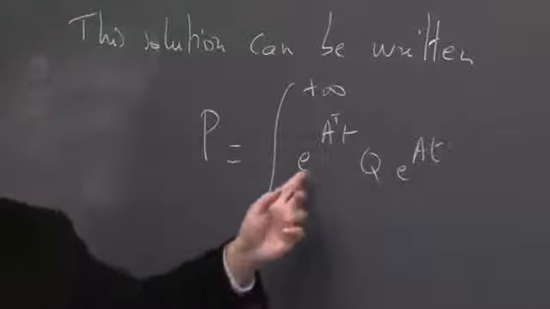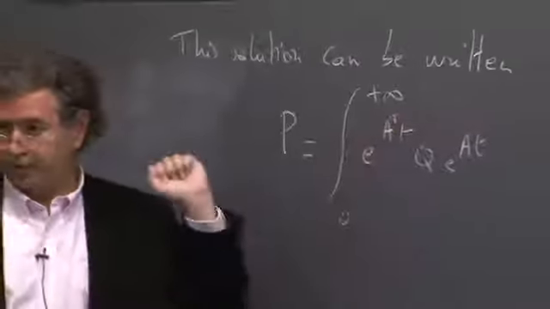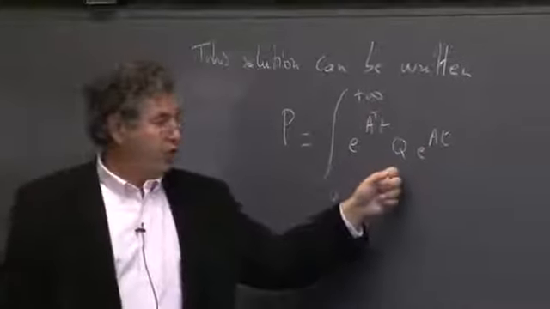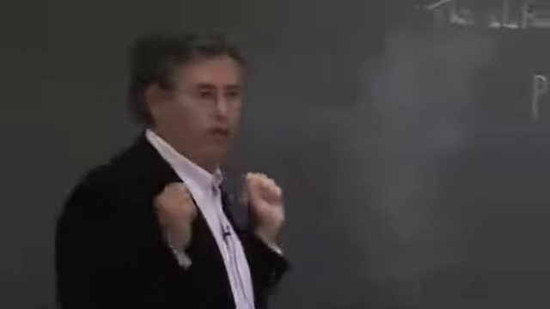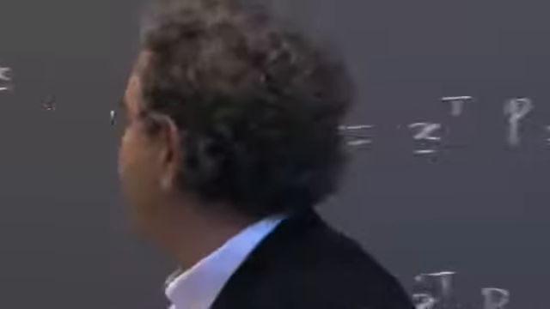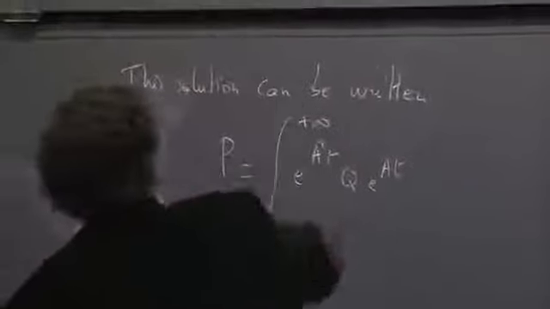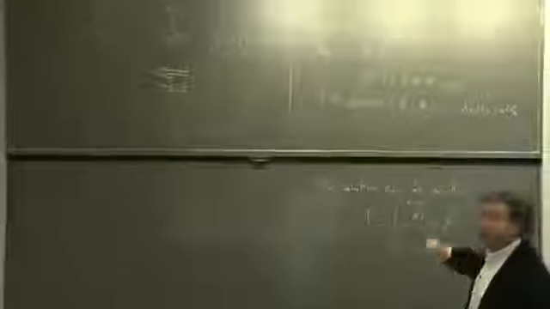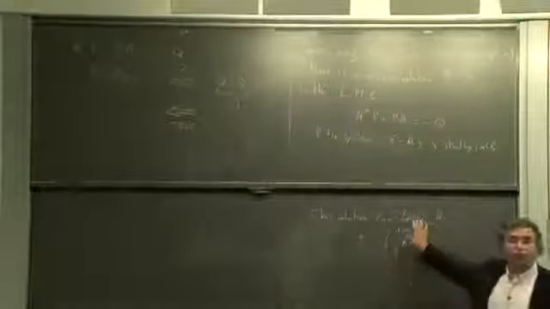It's the exponential of the transpose of this matrix. This is the matrix Q, and this is e to the At. So that's what the theorem says. If you start with a strictly stable linear system, x dot equals Ax, then this Lyapunov matrix equation, given some positive definite Q, has a unique solution P, which, by the way, can be computed this way.